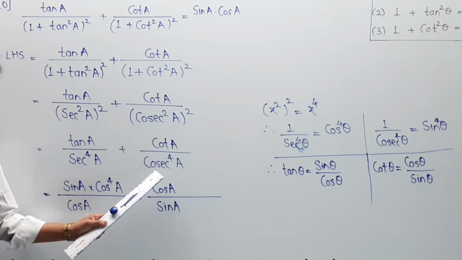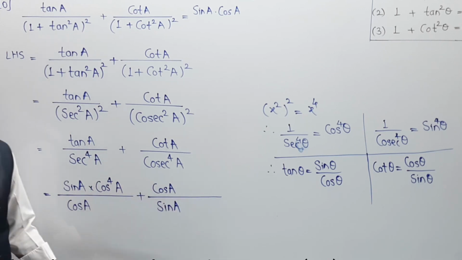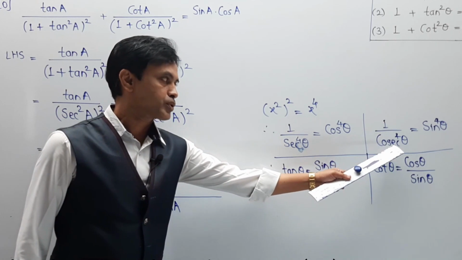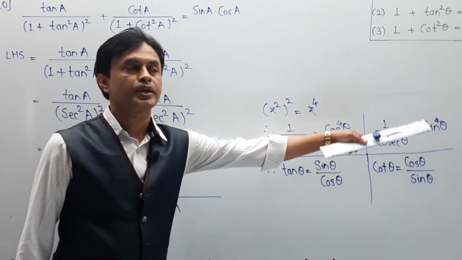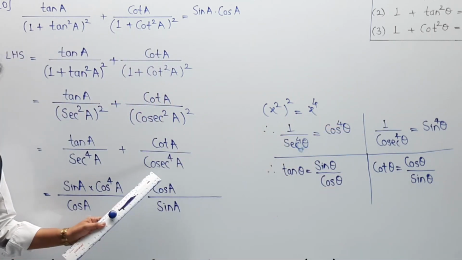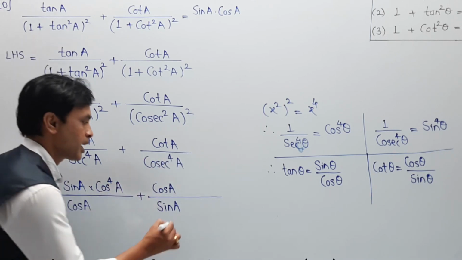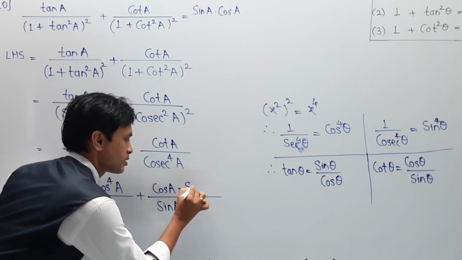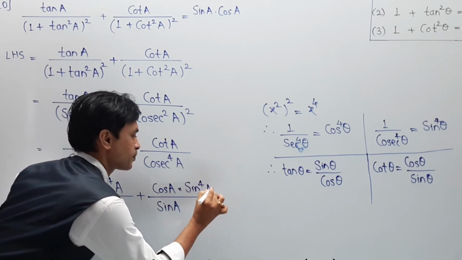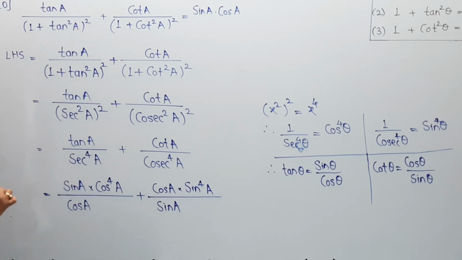And next part, upon cosec raised to 4A. Here we have seen 1 upon cosec raised to 4 theta shifts to the numerator and becomes sin raised to 4 theta. Similarly, upon cosec raised to 4A shifts to the numerator and becomes sin raised to 4A. And this step is most important in this numerical.